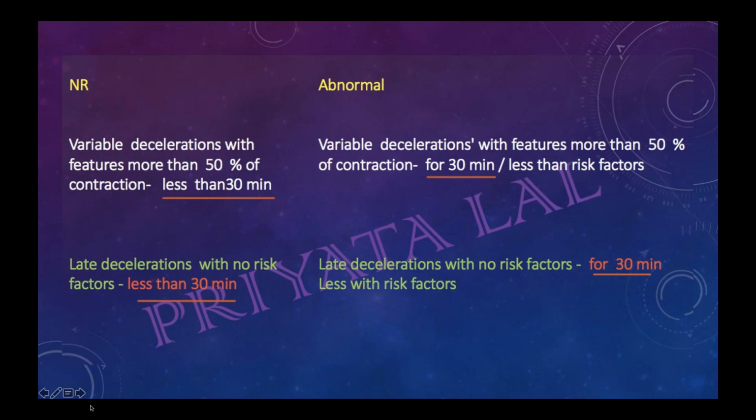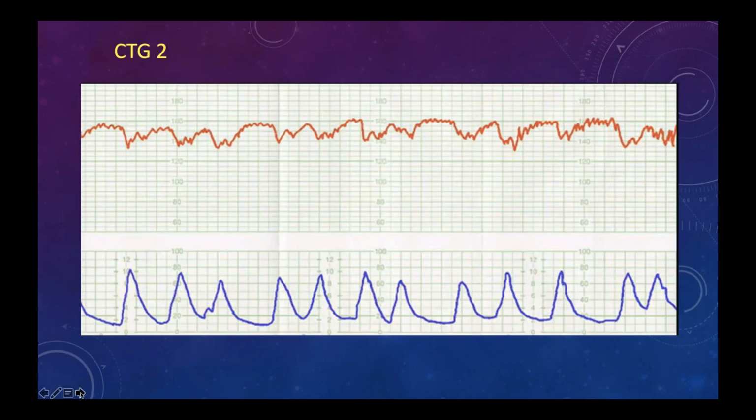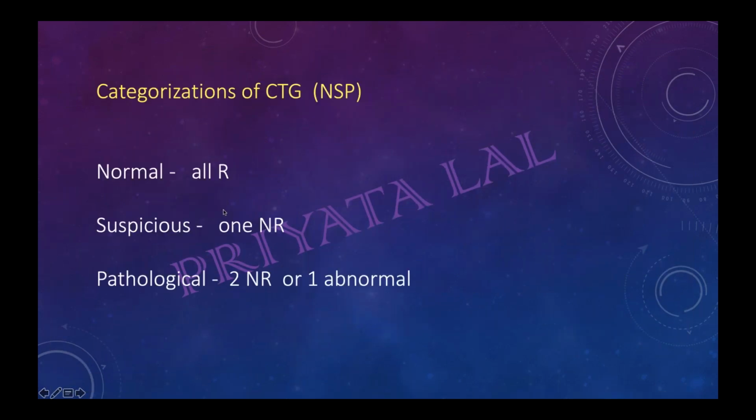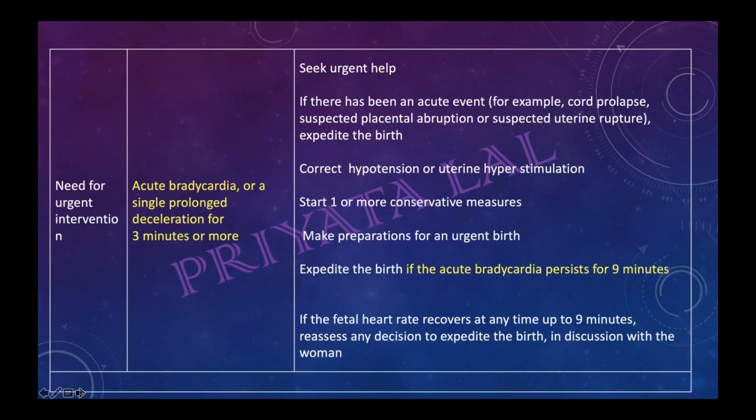NR, non-reassuring. So we have got one NR feature. So categorization of CTG with one NR is? Suspicious. Yes, suspicious. Fine.